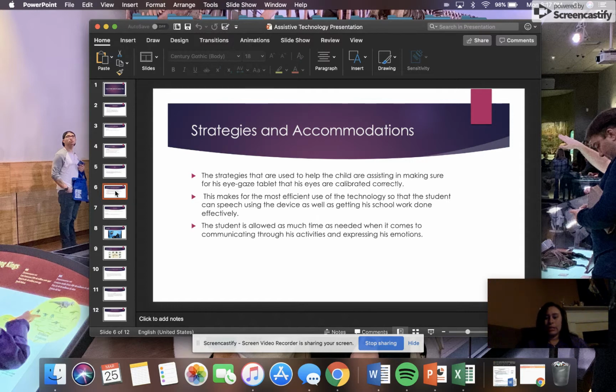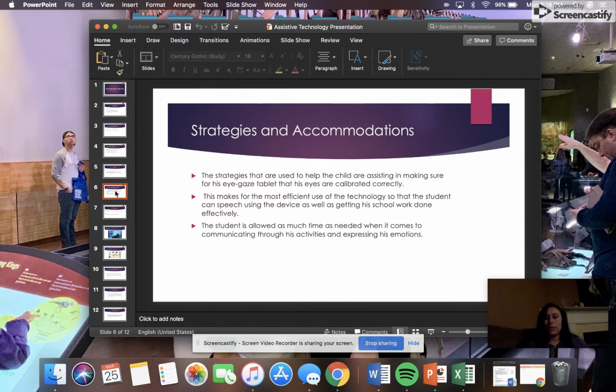Strengths and accommodations. The strategies that are used to help the child are assisting in making sure the eye gaze device tablet has the student's eyes calibrated correctly, because if you didn't, then when he was trying to click on each item that he wanted to say verbally, it wouldn't be correct because his eyes wouldn't be calibrated.